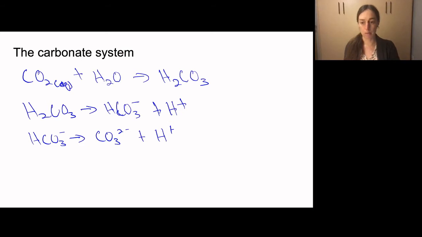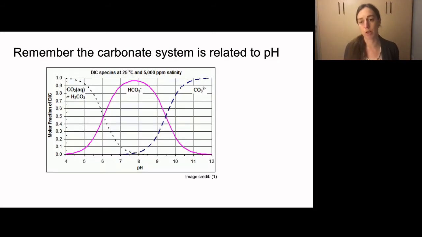So remember that the relative concentration of species is dependent on pH. So we can see here we have this figure where pH is on the x-axis and our molar fraction of our total dissolved inorganic carbon is on the y-axis. And as we move from lower pH to higher pH, we shift from carbonic acid to bicarbonate to carbonate.